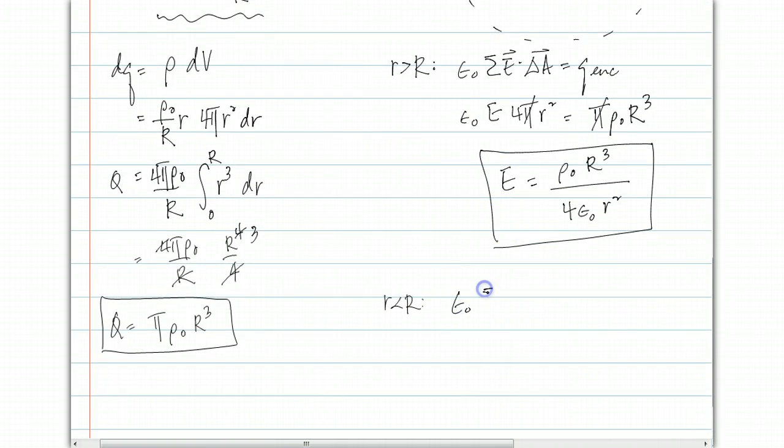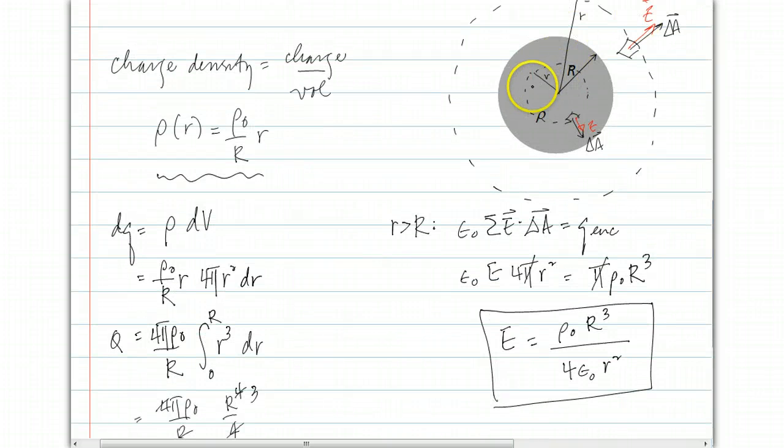And so Gauss's law: epsilon naught, once again the dot product becomes just E times delta A. E is constant, so I pull that out of the summation sign, the summation of delta A gives me the surface area of a sphere, equals the charge contained inside the Gaussian surface. Well, I need to find the charge that is within this Gaussian surface, which is only that part, not the entire charge.